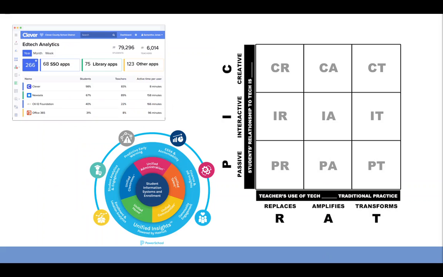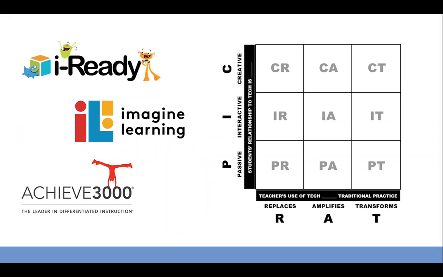Okay, here's the next. Oh, I skipped one. Here's the next ones. So these, i-Ready, Imagine Learning, Achieve3000. These are software programs, like let's just say it's a reading program. So students work on it individually. They might spend some time reading passages and answering questions, and then the software would determine how well they have developed certain skills.